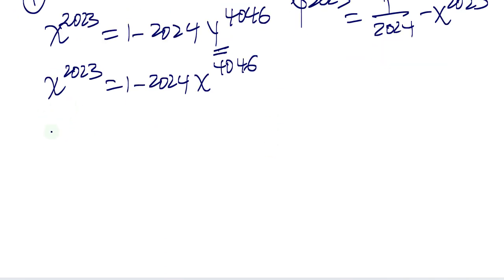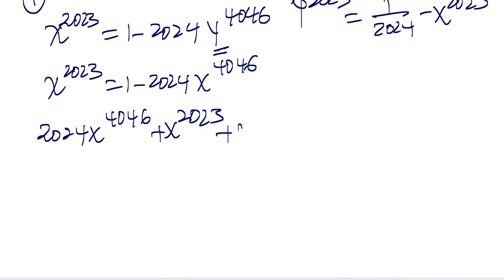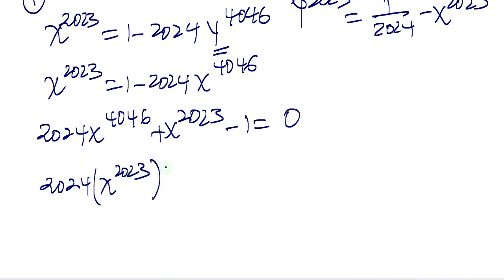So now we have then 2024 x to the 46 plus x to the 2023, and then minus 1. Actually this is minus 1, equals 0. So we can write this as 2024 x to 2023 to the 2, right, plus x to 2023 minus 1 equals 0.